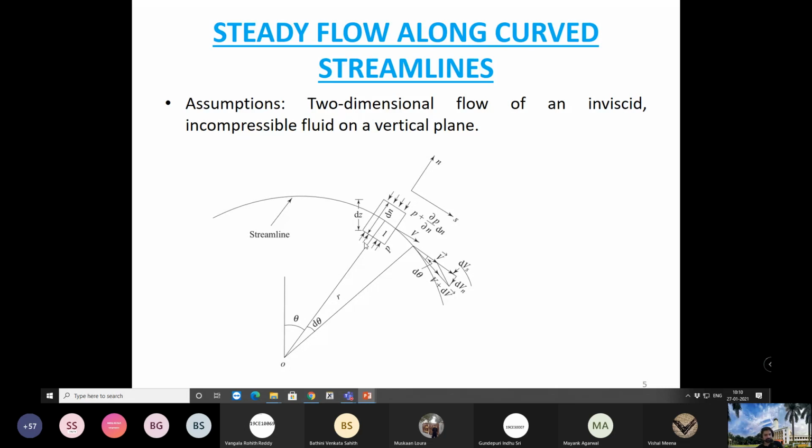If there is a pressure P from this end, and the pressure from this side is P plus delta P, that is, del P by del N into dN. This is how it is represented. At one side there is a differential pressure acting on it, right? We are going to write later also Newton's law of motion on that.